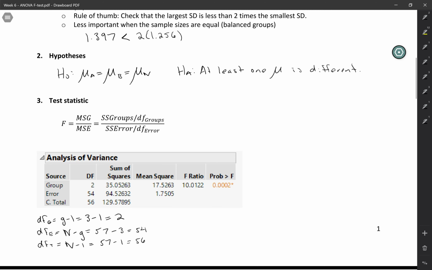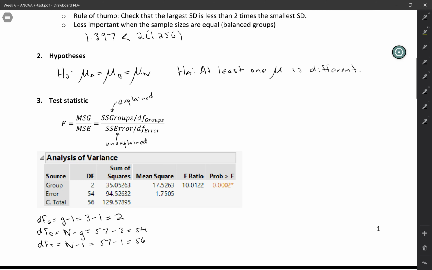The sums of squares we already talked about, and this is taking into account both SS groups and SS error. So remember, SS groups was looking at the differences between the groups, or in other words, the explained variability, whereas SS error was looking at the variability within the groups, also called the unexplained variability.